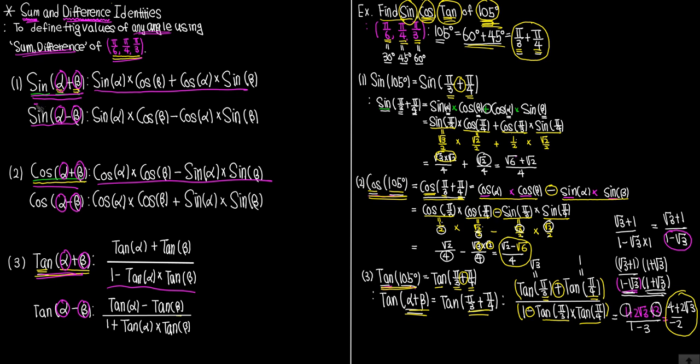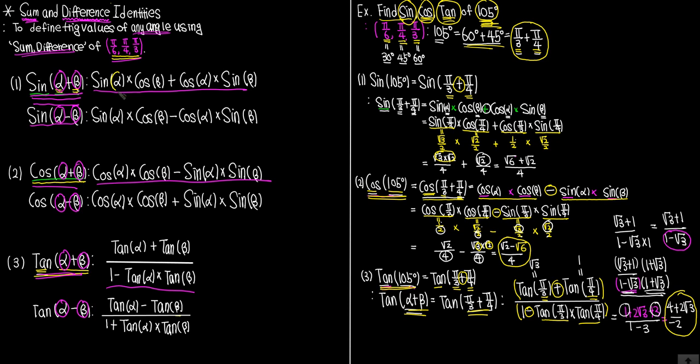So there is a way to memorize the sine of alpha plus beta. The angle will always have the pattern alpha, beta, alpha, beta, and there will always be two expressions in a sine and a cosine. For tangent, there will be a numerator and denominator, because the tangent is a ratio between the sine and the cosine.